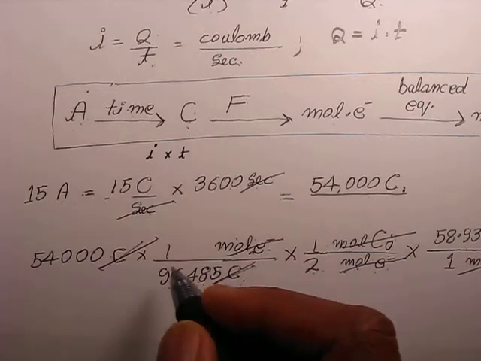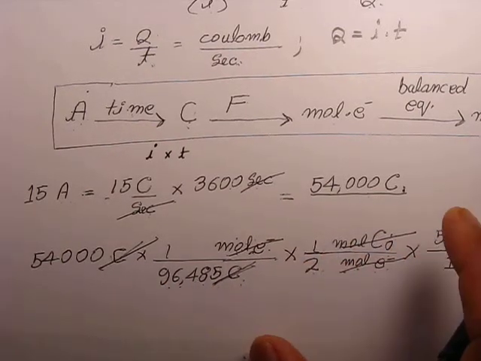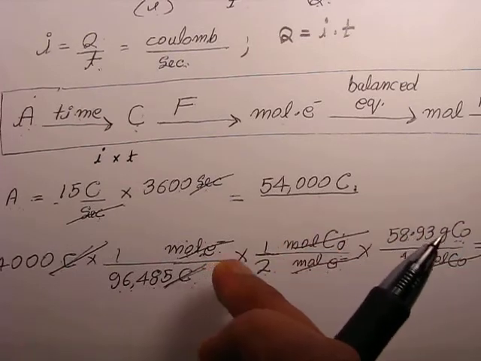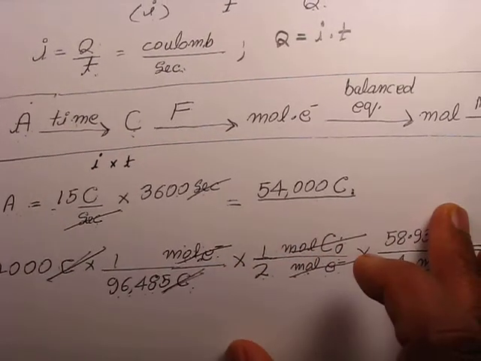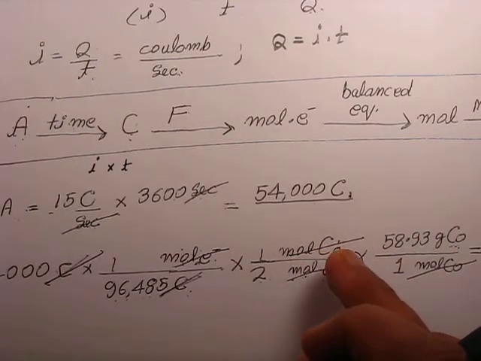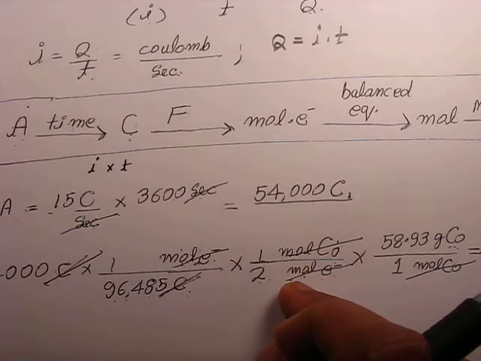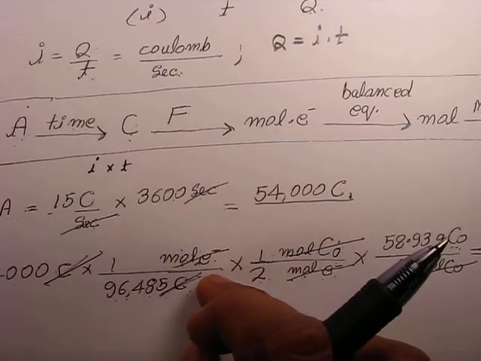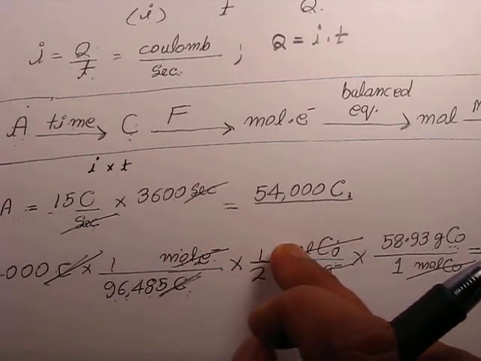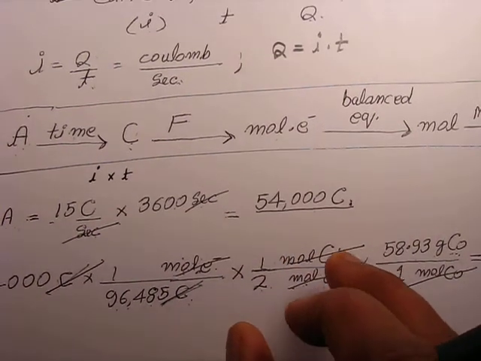So 54,000 divided by the Faraday constant. And now you can see for one mole of cobalt, we need 2 moles of electrons. So we have to divide, because whatever the amount of moles of electron you pass, only half a mole of cobalt you will get.